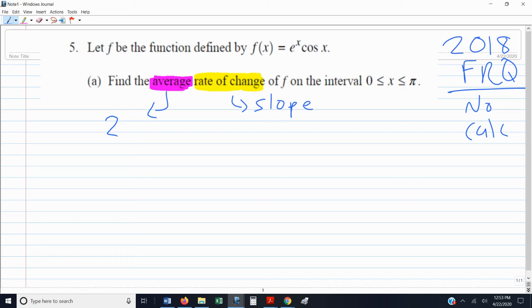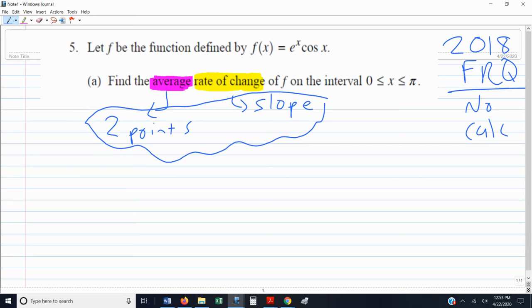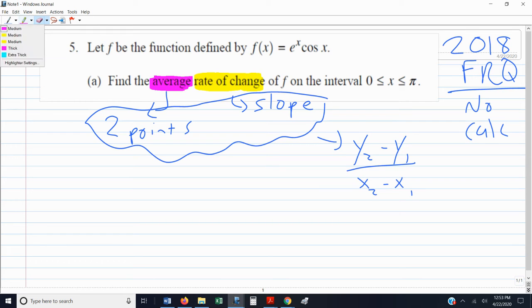Average rate of change uses 2 points. And so the way that you're going to find the slope between 2 points is something you've been doing for years now, and that is the slope formula. Okay, and then what are your points? So the points that they gave you to use are 0 and pi.